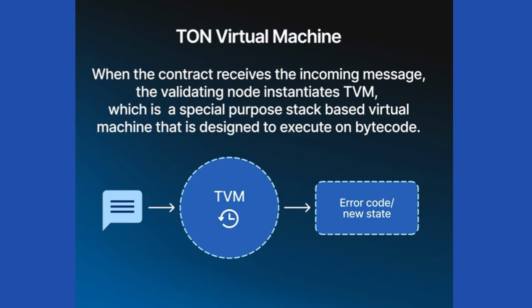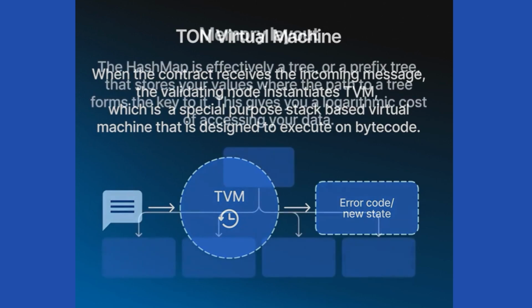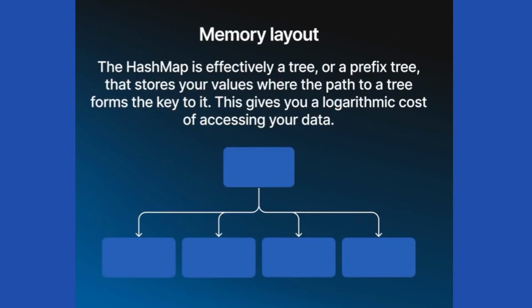Turns out it's not very trivial to do because the cells are very compact and they form a tree. To help developers with this, TON comes, at the level of TVM and also at the level of FunC, the higher level language, with tools that help you work with hash maps in a more effective manner, and they use cells as the underlying implementation.